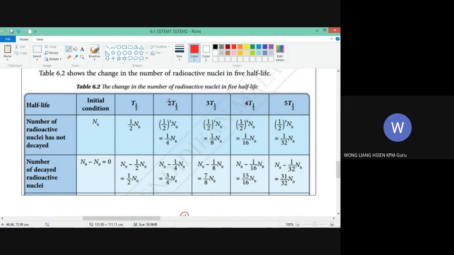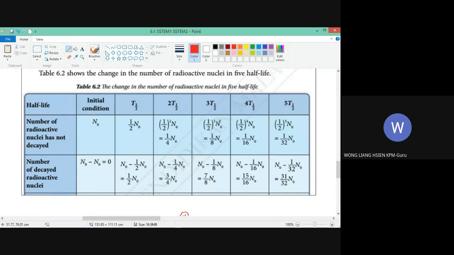After another half-life, times half again, so you have half to the power of 2, which is 1/4 of the original number. After 3 half-lives, times half again, so half to the power of 3.